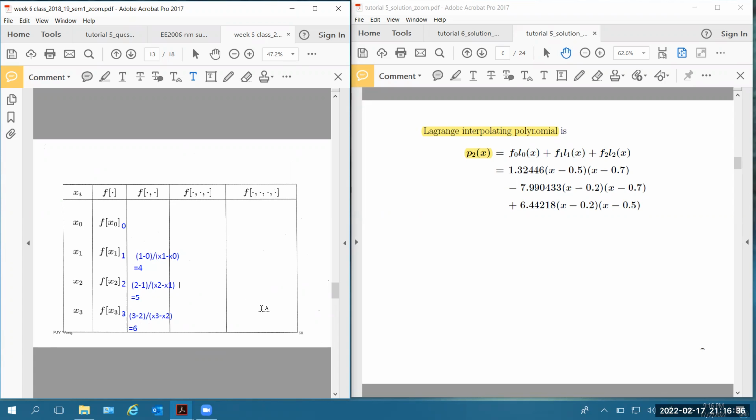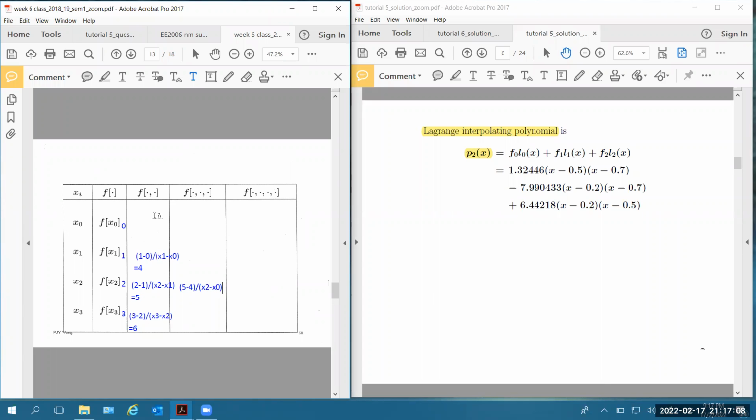When I do here, I should start from this entry. Let me show you the first one. I will take 5 minus 4, this number minus this number, and then divide by x2 minus x1? Actually it's x0, not x1. So x2 minus x0.